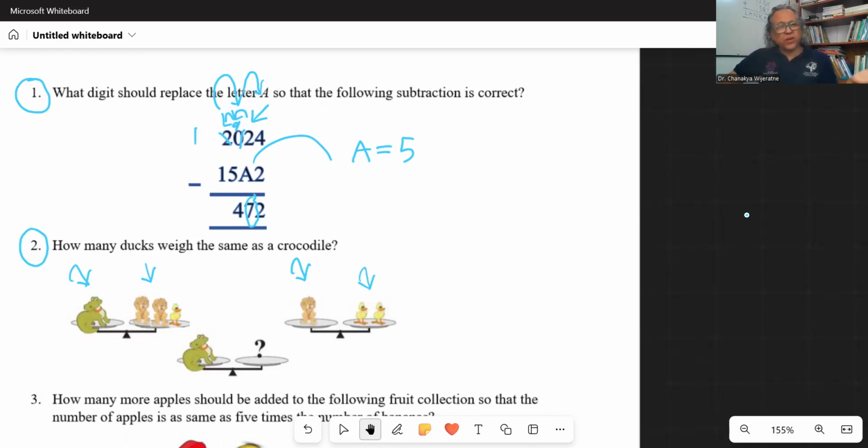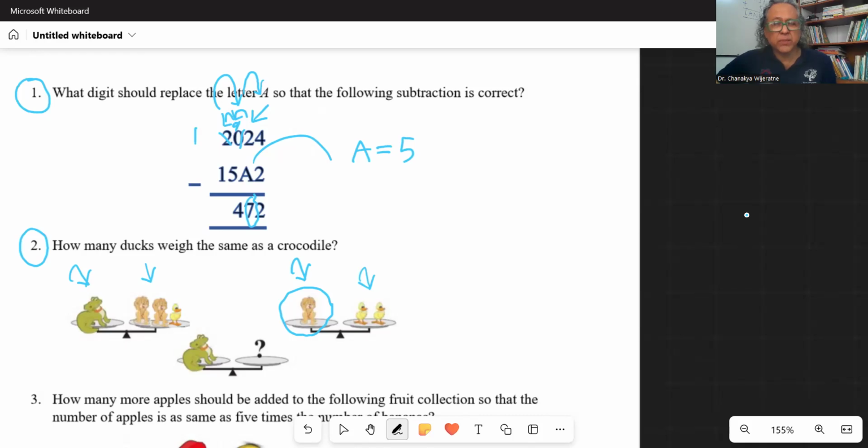We need to assume that all lions in this question weigh the same, and also the ducks weigh the same. So no issue there. We see that here one lion weighs the same as two ducks.